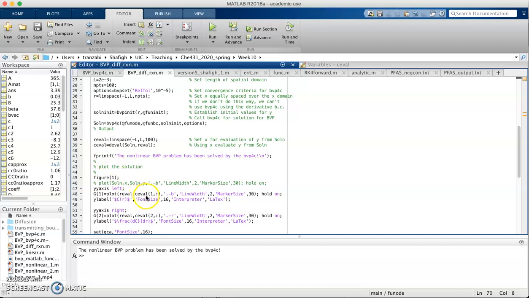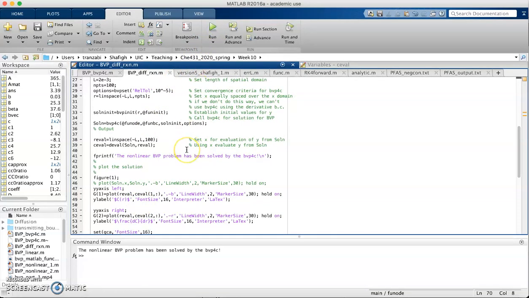So I first plot the concentration, which is the first row of C eval. The second row of this matrix is the derivative of it. So I'm going to plot both of them on one figure.